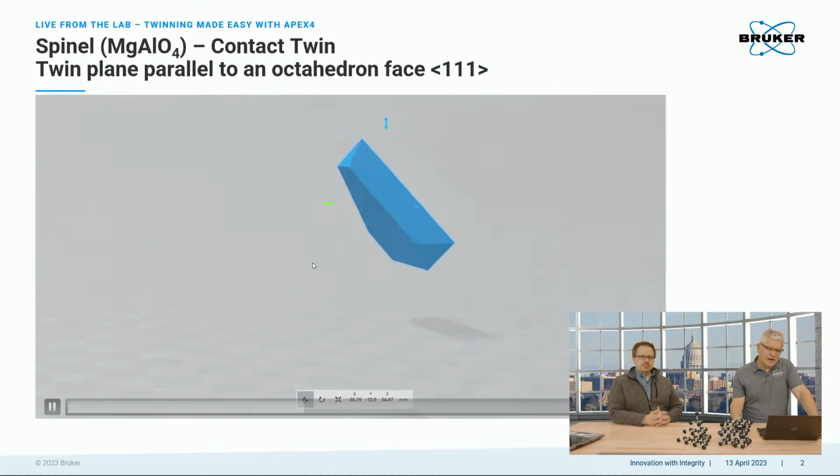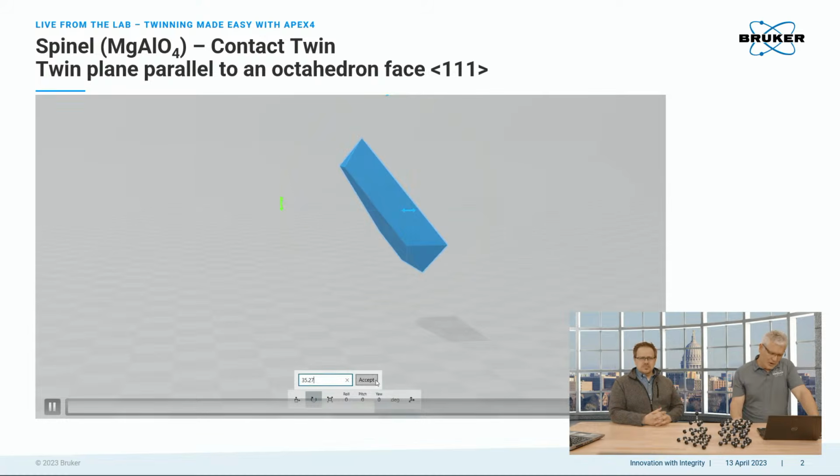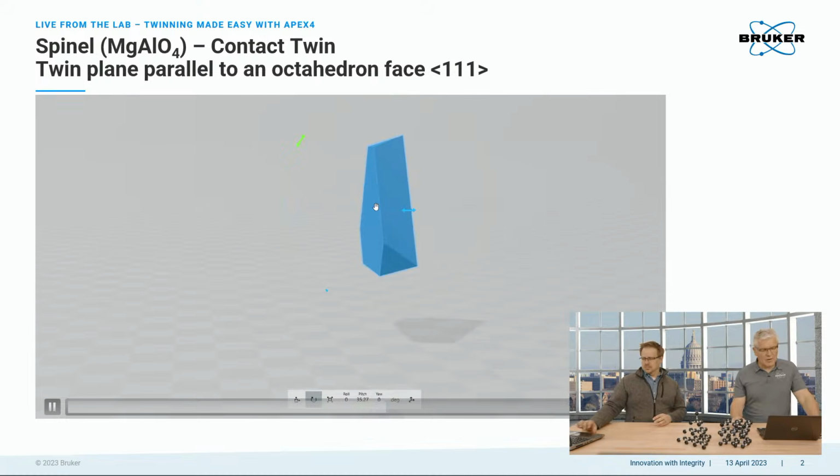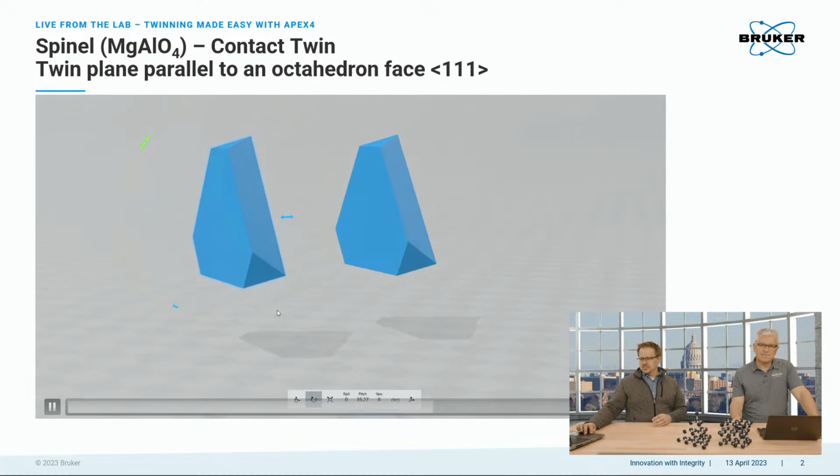So what I did is I cut into that octahedron, and because later I will have to mirror this polyhedron, I put it in the vertical direction. I will generate the second part by just duplicating the crystal, and then color it differently so that it's easier to see.